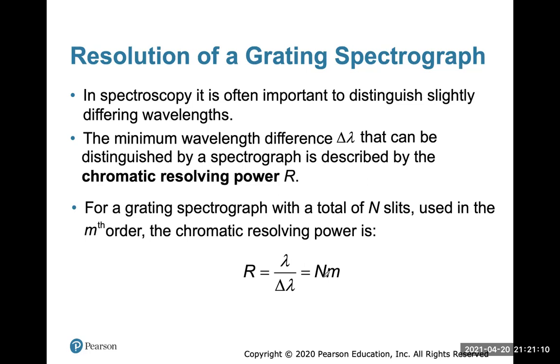All right, great. So if we want to get the smallest delta lambda possible, the best resolution, we should use the largest possible number of slits and the largest possible order of diffraction, or I guess interference, whatever you want to call it.